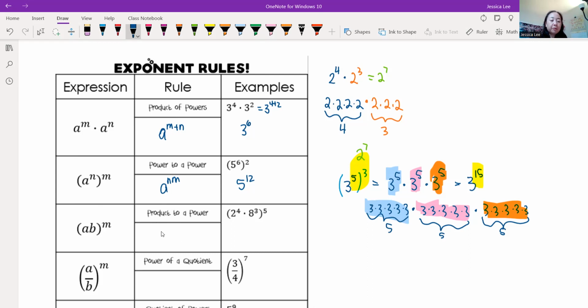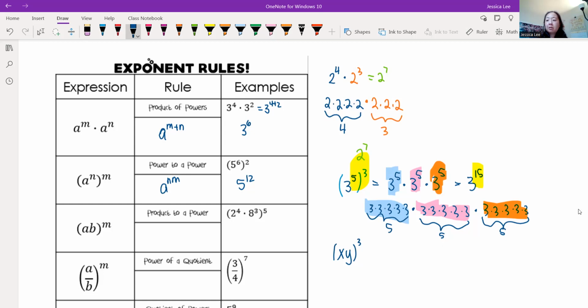For example, let's use variables this time. We have x times y, notice we just put them next to each other, and we're going to take that to the third power. What does that mean?